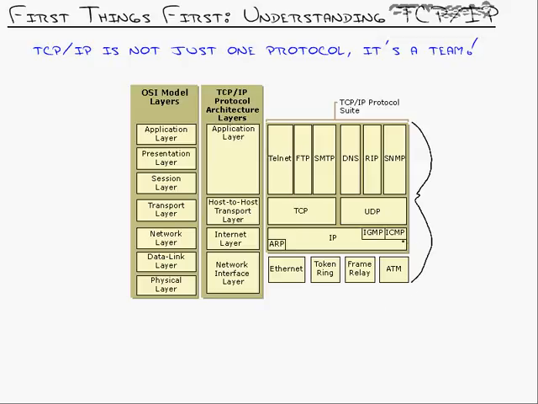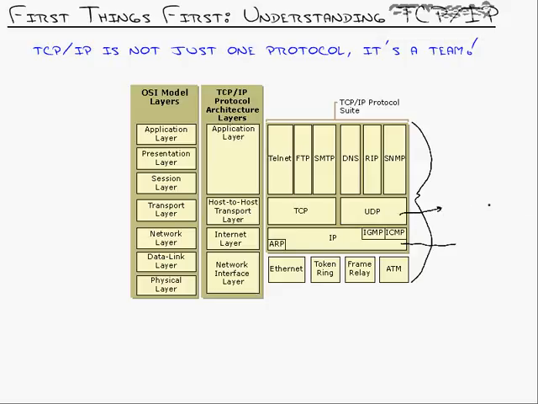You have down here, you can see the network layer or internet layer in the TCP/IP model. We have IP, which is responsible for addressing packets to help them get from their source to their destination and back. You have up here at the transport layer, sometimes TCP/IP labels that as the host-to-host transport layer.